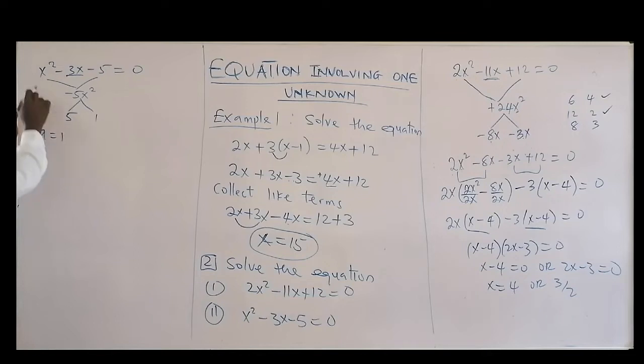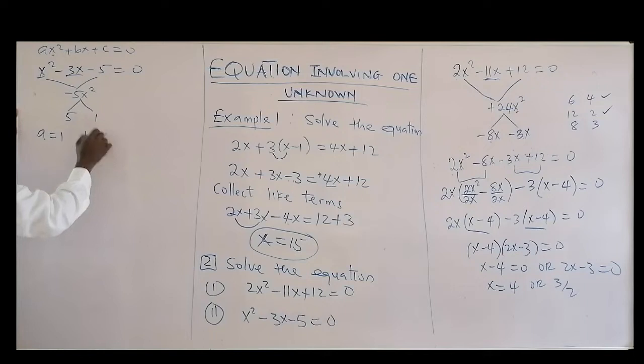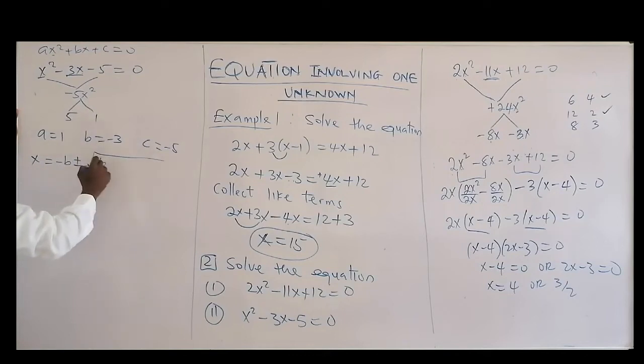A is what? 1, the attachment. The quadratic formula is of this form, equal to 0. The attachment to your x squared is your a, that's 1. The attachment to your x is b, minus 3. And the constant, you can see, that's minus 5. So the variable is x, so x is equal to minus b plus or minus the square root of b squared minus 4ac all over 2a.